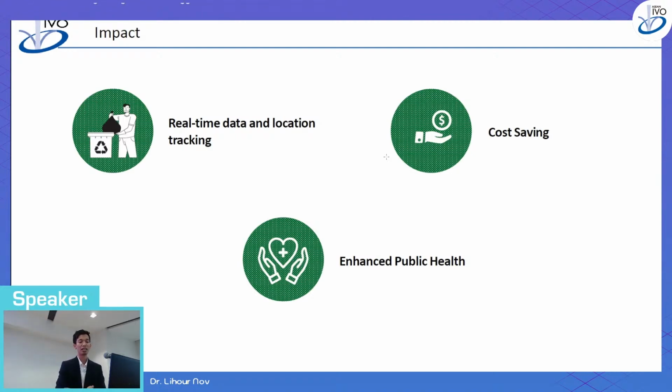This will save on implementation cost, because as a trash collector company, you would have to collect the trash every time, but sometimes the bin is not really full and you have to go and collect it anyway. This is a waste in terms of cost and operational consumption. The other impact is enhancing public health. As I mentioned, solving the overthrown waste issue would provide a better perspective on the look of the city, especially in Phnom Penh.